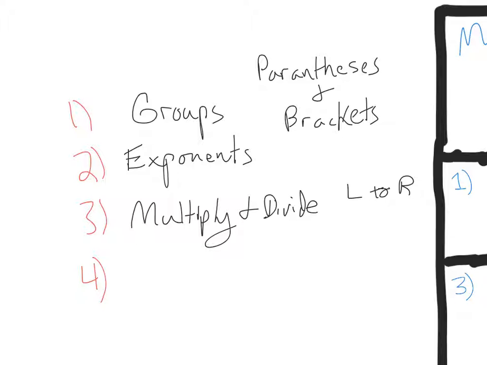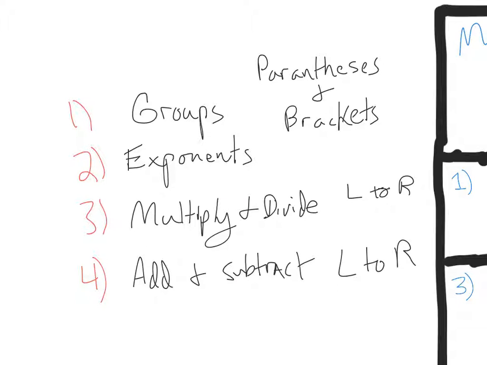Everything from left to right if you have multiple multiplications and divisions. If you have more than one going on in the same problem, you go from left to right. And then the last thing is to add and subtract from left to right. Okay?